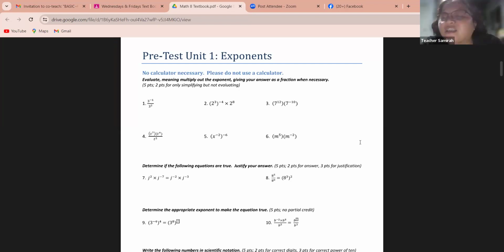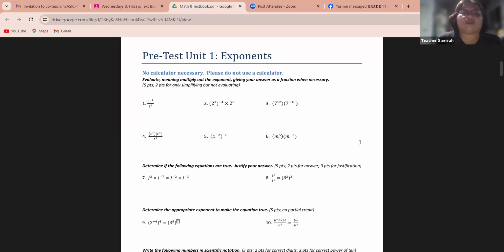So we simply adopt the sign of the bigger number. Will it be positive or negative? Negative. Very good. So the correct answer for that one is 2 to the power of negative 4. Very good.